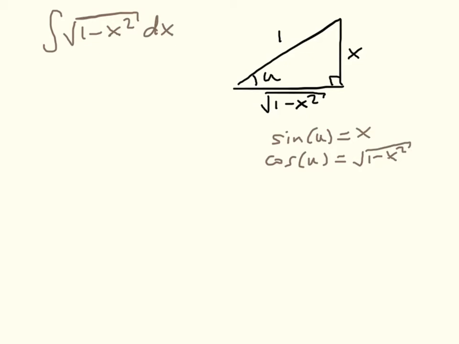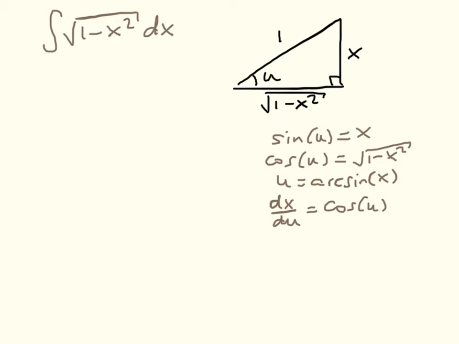We also see, of course, that if the sine of u is x, then u is the arcsine of x, and we also have that dx du is the derivative of sine of u with respect to u, and that is the cosine of u.